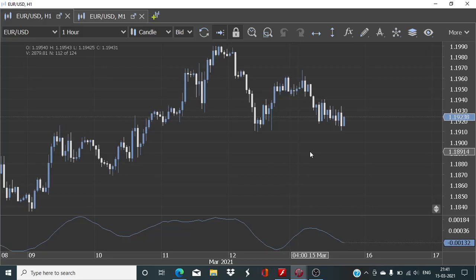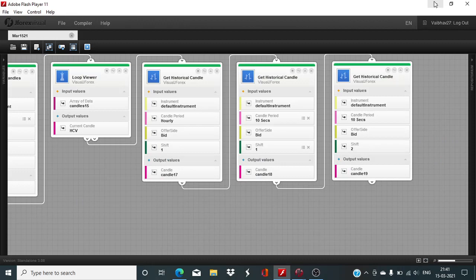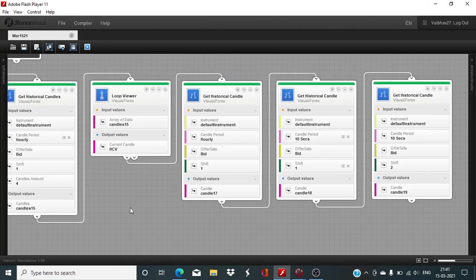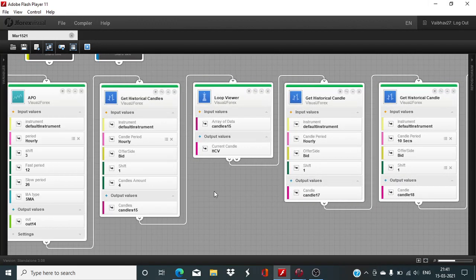So we will set these two logical requirements, that there should be enough of volatility and also our order should be placed closer to the high value of last 4 hours, and for that we will be using the pending order, pending open block also. So this is the logical structure, and for today's session we will stop here.